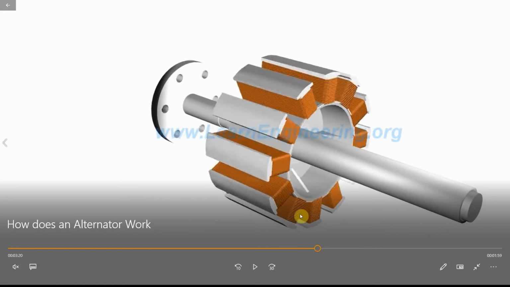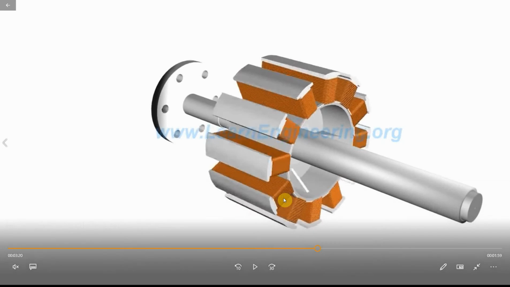So if it is moving very slowly, the number of poles has to be increased. That's why the salient pole has a greater number of poles compared to the cylindrical rotor.